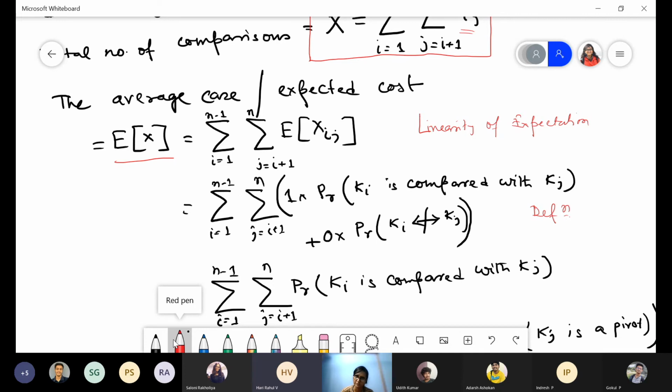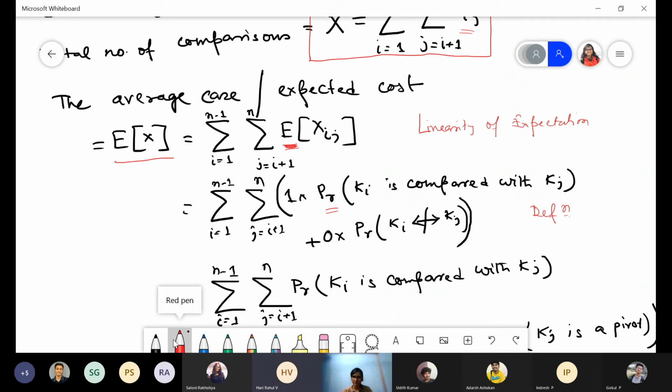Yeah. Whenever you are considering expectation, that means you are considering all possibilities. That's why this possibility is measured in terms of probability. There is no other way. We can only consider the probability of that event happening and the probability that it has not happened. That will give you the expectation value.